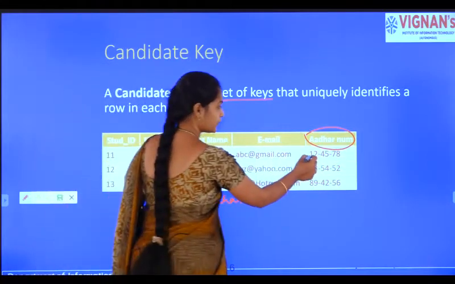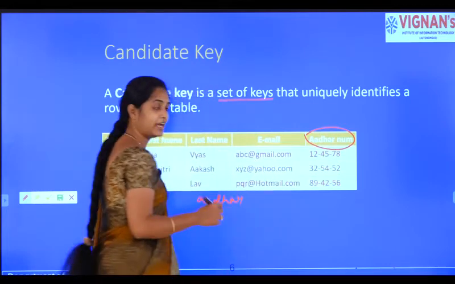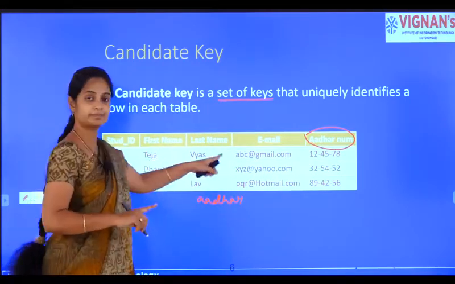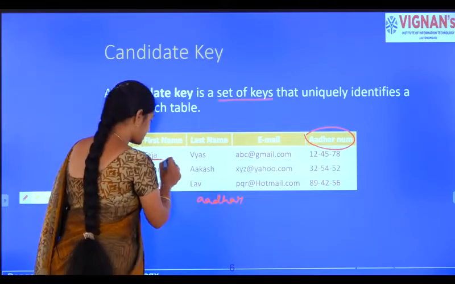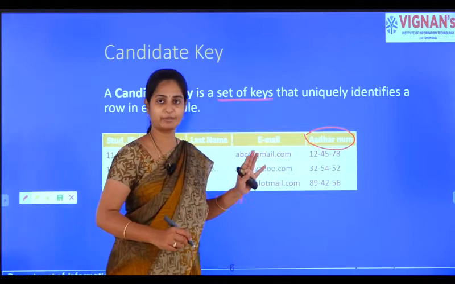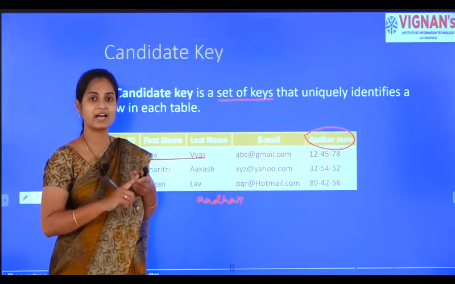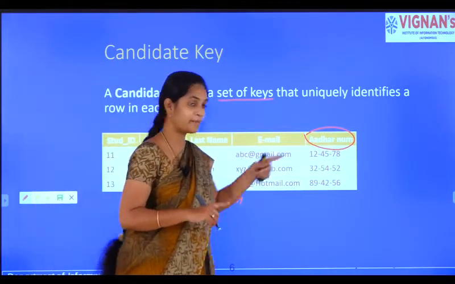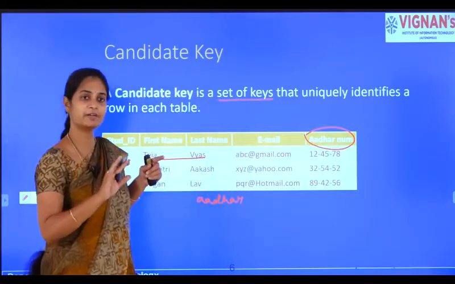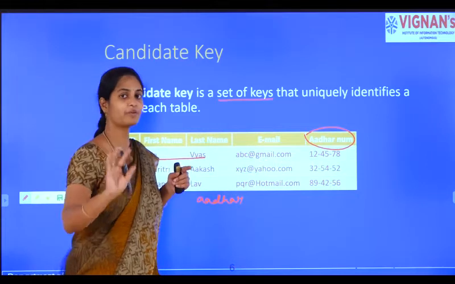Because 12, 45, 78 belongs to only one person. Who is that person? He is the person. This person has only one Aadhaar number, so no duplications are allowed here. Aadhaar number is a unique number which is designated to every person. That is a fact everyone knows.